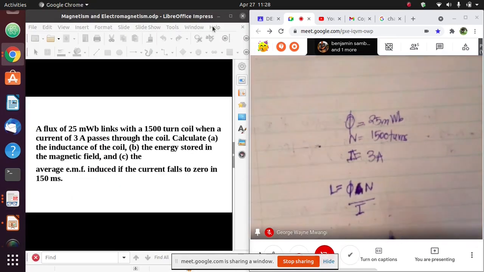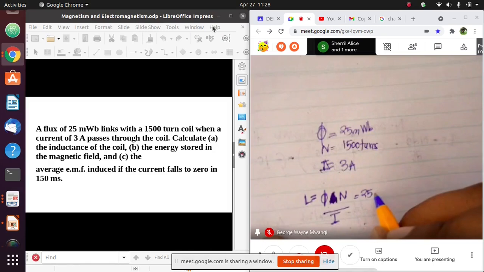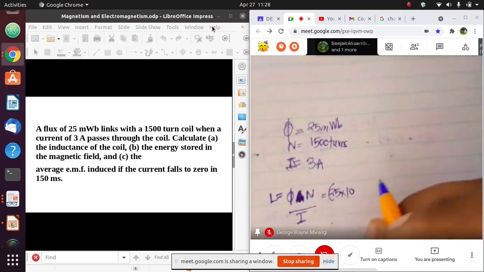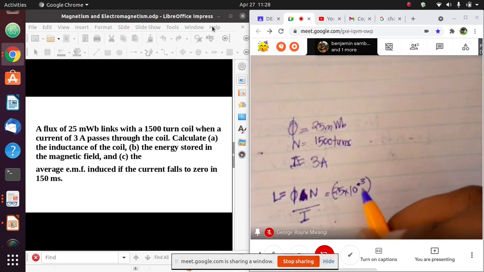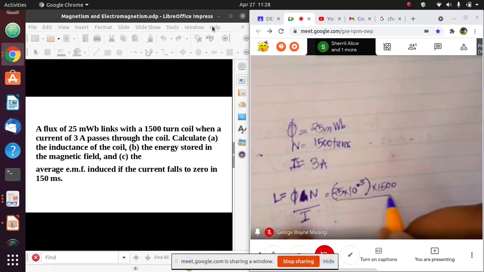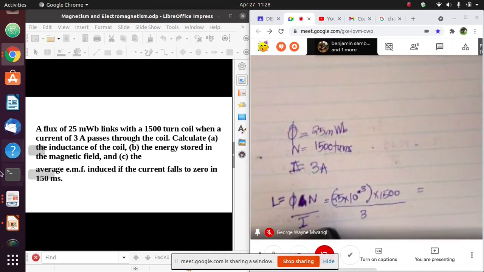Now, flux in this case is 25 milliweber. When you change that to Weber, it will be divided by 1000, times 10 raised to power -3, multiplied by the number of turns, which is 1500 turns in that coil, divided by the current. So what is the value of the inductance in that coil?